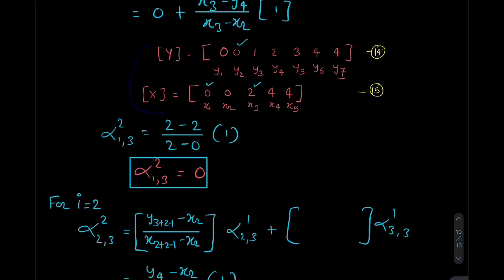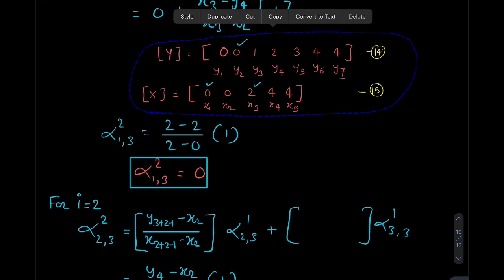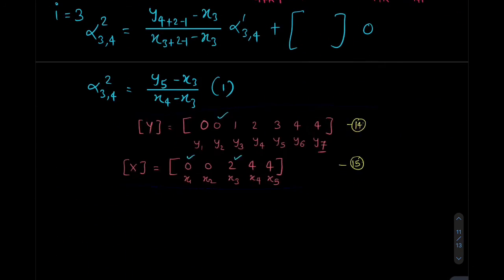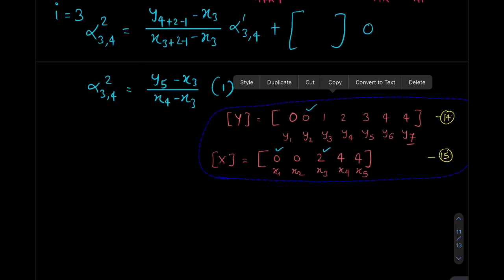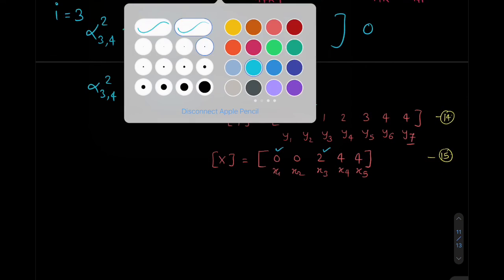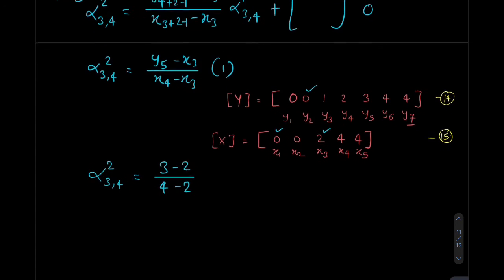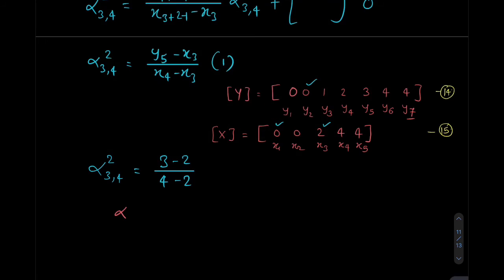Okay, so substitute these values, better copy them. Okay, so paste it. y5 value is 3 and x3 is 2. 3 minus 2 divided by 4 minus 2. So in short, alpha 3 4 is half again.